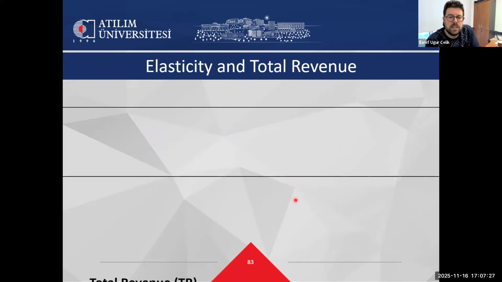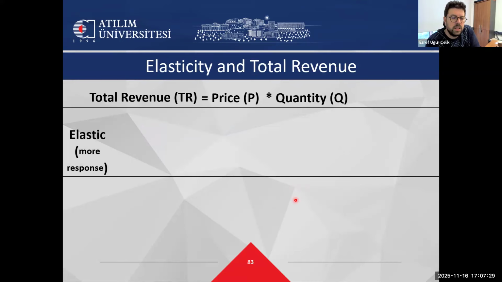Then we can focus on the elasticity and total revenue relation. Let's look at elastic goods. Elastic goods means that you react more. That means if I increase the price 1%, I know the demand falls, but by more than 1%.